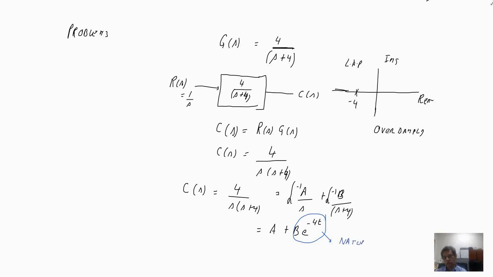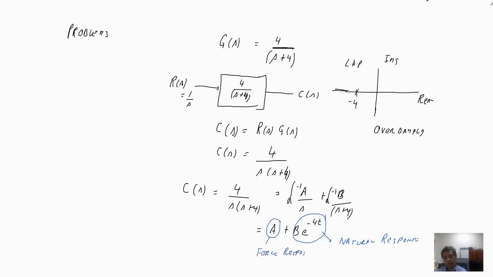Let me write this down again: natural response. For the system to be stable, as t goes to infinity this natural response must go to 0. If it goes to infinity, then obviously the system is going to explode and you will have an unstable system. The other part that you're looking at is called the forced response.